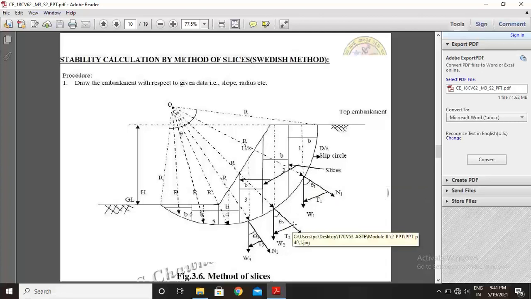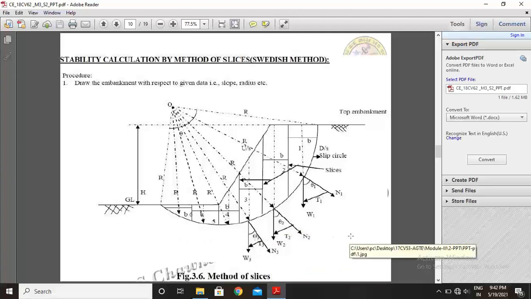By using a protractor you adjust and locate the tangential forces. Now you locate T3, next T4, T5, T6. After locating the tangential forces, now you measure each slice's angle, that is theta 1, theta 2, theta 3, theta 4, theta 5, etc., up to the number of slices.